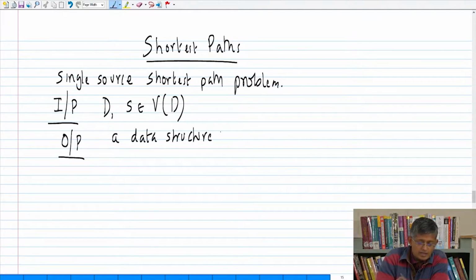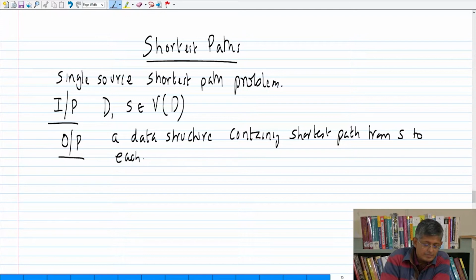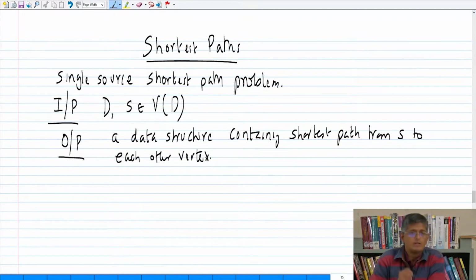A data structure containing shortest path from S to each other vertex. This is what I want you to output.